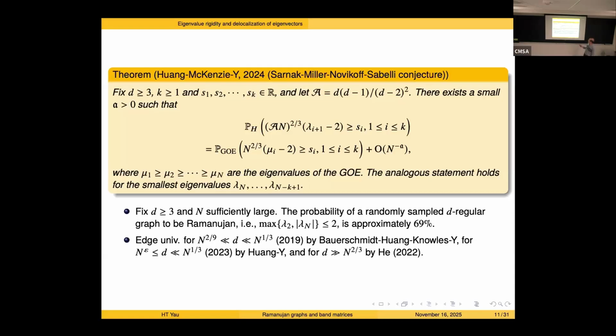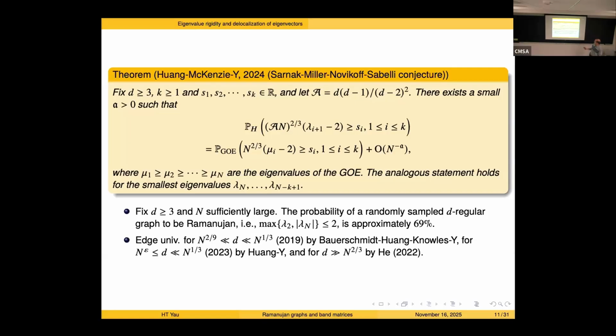So this means that in particular, the second largest eigenvalue, when you multiply by this constant, has its probability distribution given by the Gaussian case. But the Gaussian case is the Tracy-Widom law. So you can compute the probability distribution of the second largest eigenvalue exactly in the limit as n goes to infinity. Because now you can compute exactly, you know the probability that the second largest one and also the smallest one, in absolute value, are less than 2.